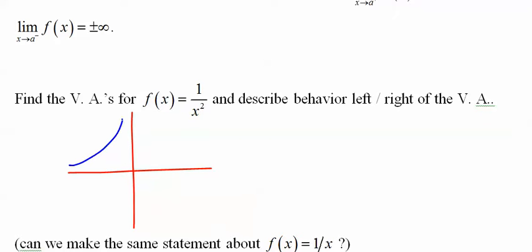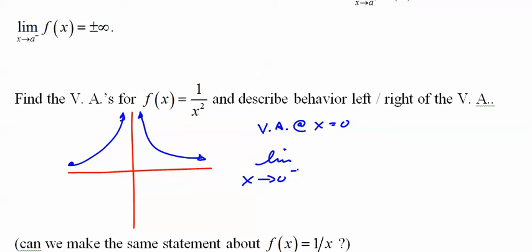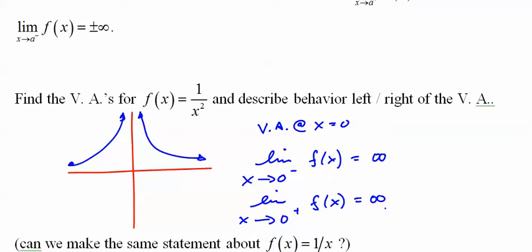But in this case, I know what a vertical asymptote is. Can't have x equals 0. So we have a vertical asymptote at x equals 0, and the limit as x approaches 0 from the negative side of f of x is positive infinity, and the limit as x approaches 0 from the positive side of f of x is also positive infinity.